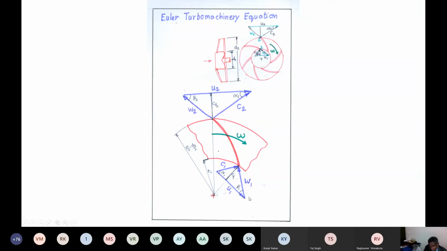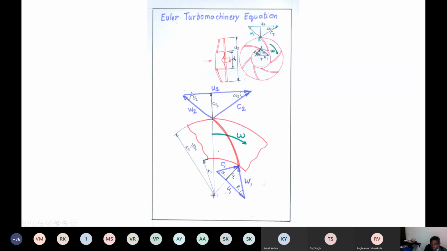Okay, and some angles are indicated. The two angles are indicated with respect to the blade velocity vector U. So the velocity C1, which we say is the absolute velocity of fluid, makes an angle alpha 1. The velocity W1, which is the relative velocity at 1, makes an angle beta 1.